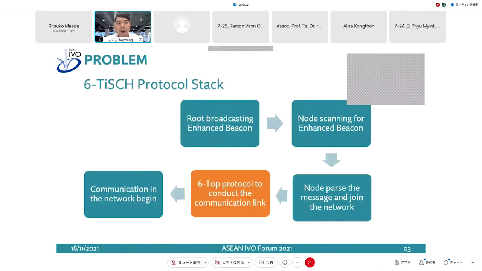And the other problem is that in the 6TiSCH protocol stack, there is a protocol involved in this communication called 6top. 6top is a protocol to establish a communication link between node and node.